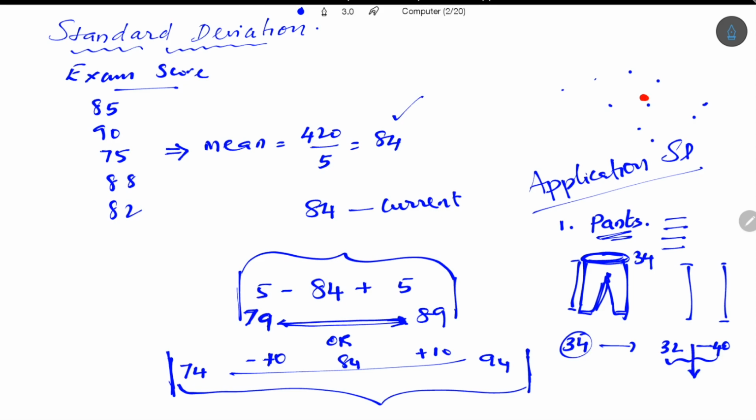This standard deviation gives them a clear picture of how the data is distributed from the mean. If you draw a curve of these points, it always produces a bell curve. For example, I erase this one.